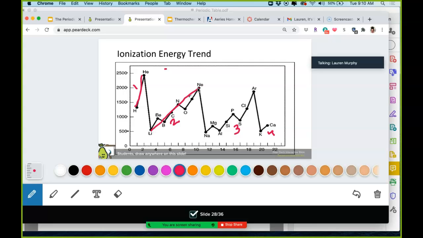So this is period 1, period 2, period 3, period 4, right? Periods are rows. Except you'll see some little sad dips, exceptions. So let's talk about the exceptions in our periods.